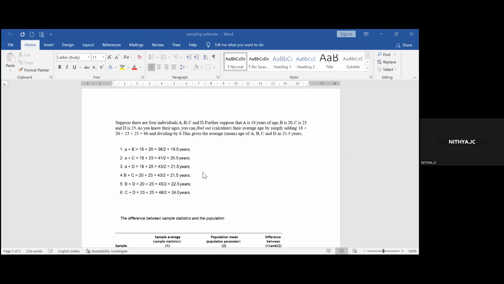Okay, thank you, ma'am. Before discussing sampling, I would like to discuss the basic underlying aspects of sampling. Suppose there are 4 individuals, A, B, C, and D. These are the 4 students.